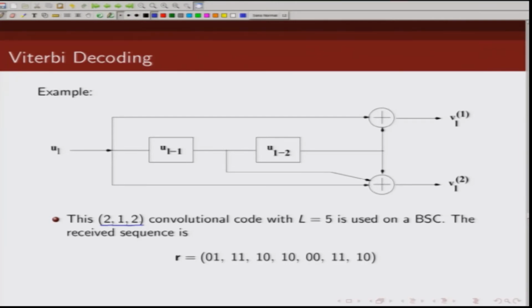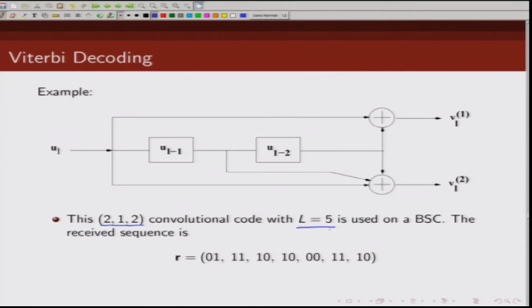This is the encoder of a rate 1/2 code. We are given that the number of information bits was 5. Since its memory is 2, we require 2 bits to bring it back to the all 0 state.